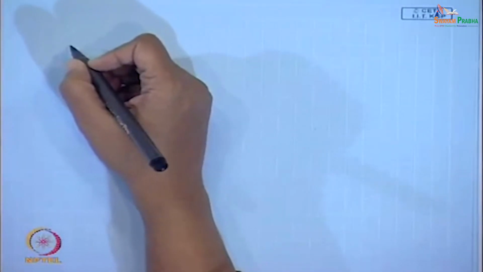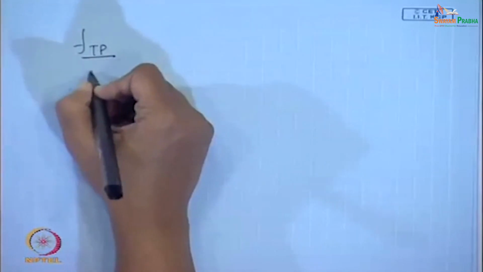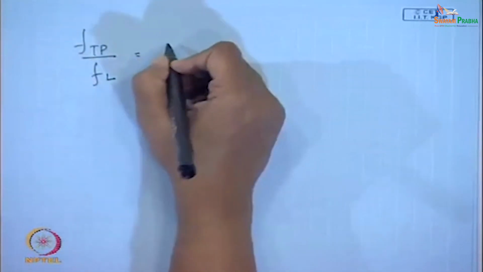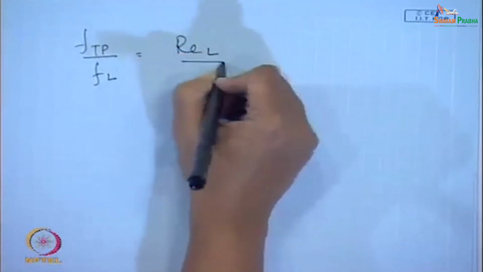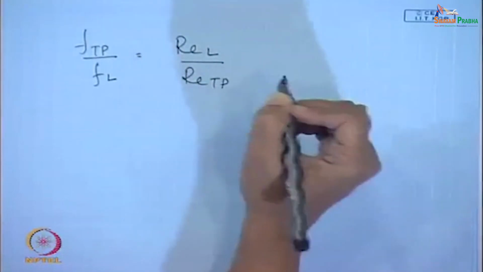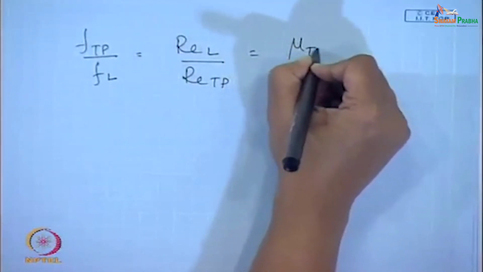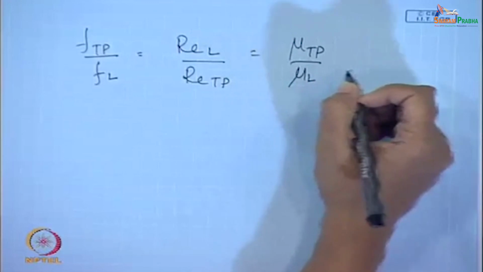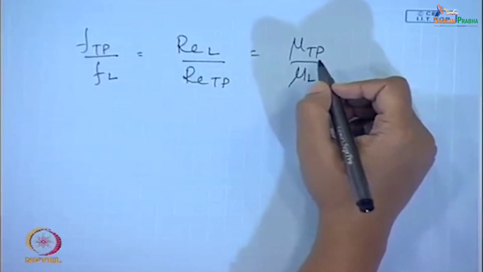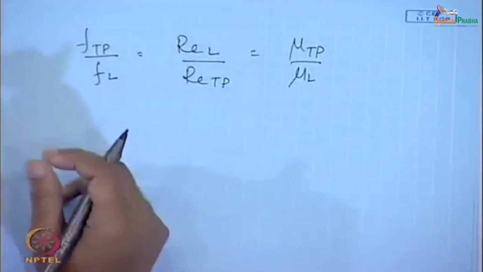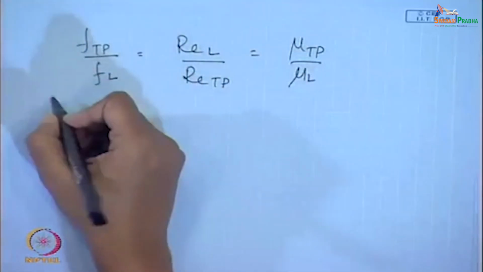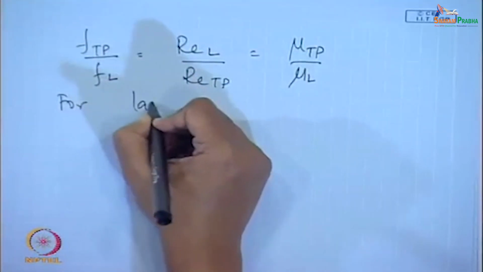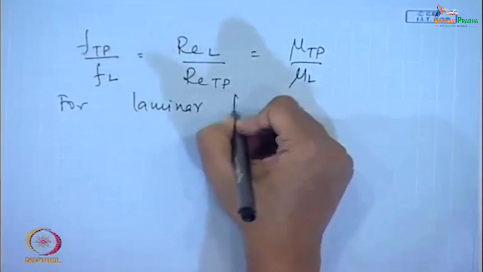For such circumstances, we can assume that FTP by FL is equal to REL by RETP, which is equal to mu TP by mu L. So for laminar flow we can use this particular expression.